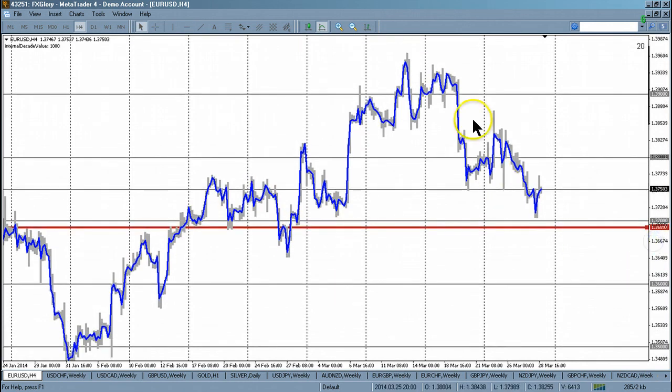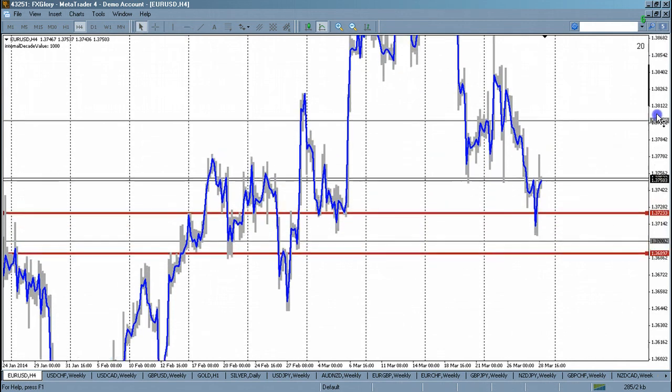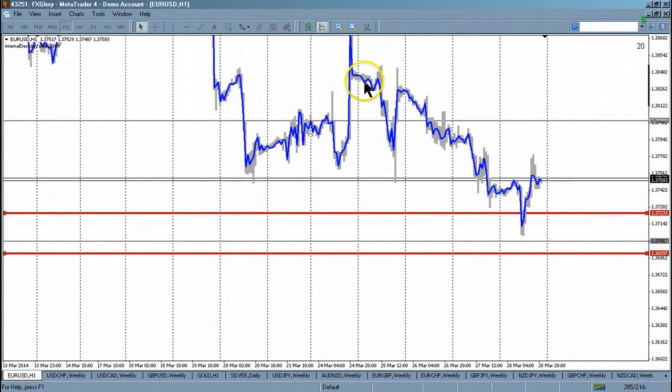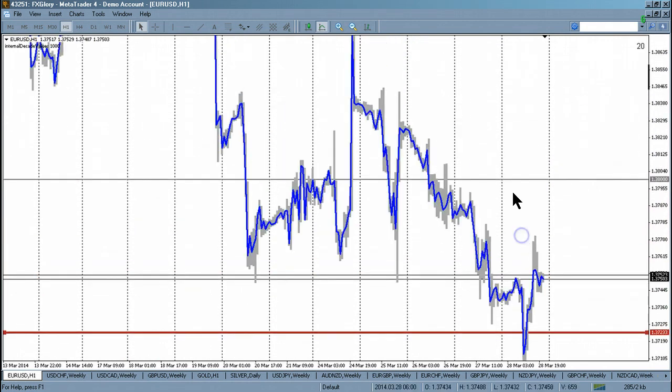I'm not that patient of a trader, so sadly I'm going to be buying about right here. I have a buy limit there. If I don't get filled on that, I don't really want to change time frames too much, but there's a lot of trades on the 1-hour chart, a lot more active trading here.